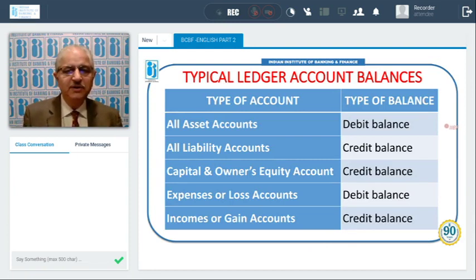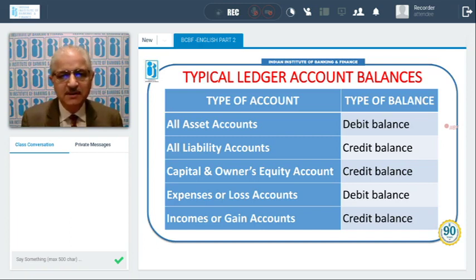Now, when we were talking about ledger account balances, there will be different types of accounts. When we talk about asset accounts, meaning accounts of furniture, machinery, building, land, all these are assets.